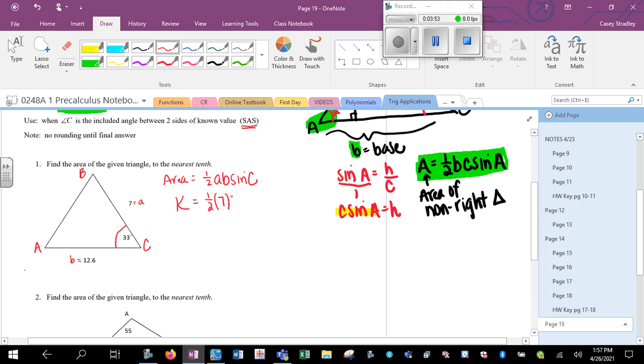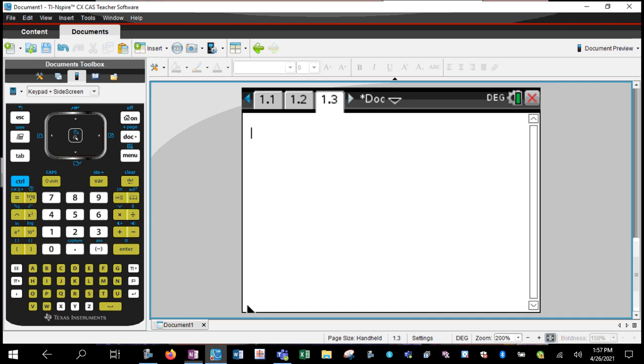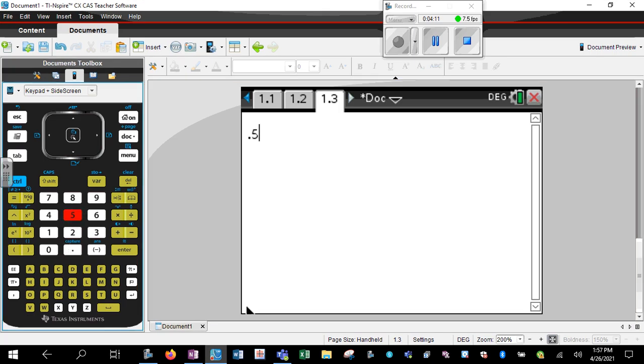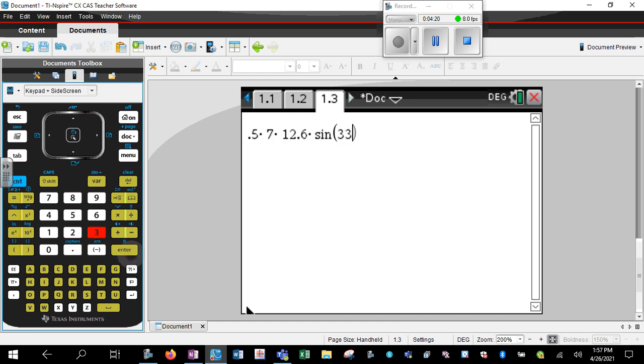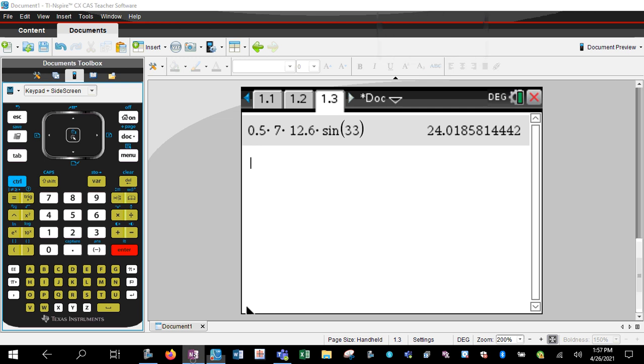and then we just go to our calculator to get the actual value, rounding to the nearest tenth. I'm sticking with the K from the formula now to represent the area of our non-right triangle. So on my calculator, I'm going to do 1/2, so 0.5, times side A times side B times the sine of angle C. That gives me to the nearest tenth 24.0.